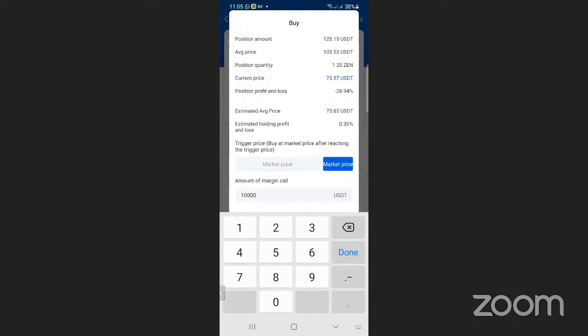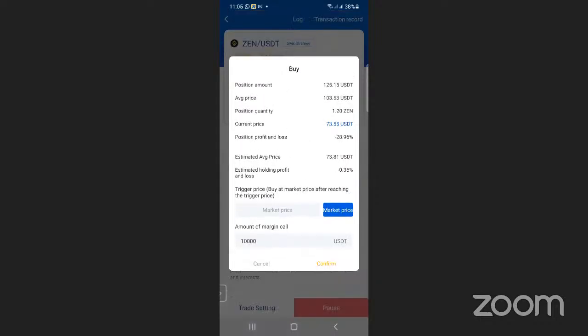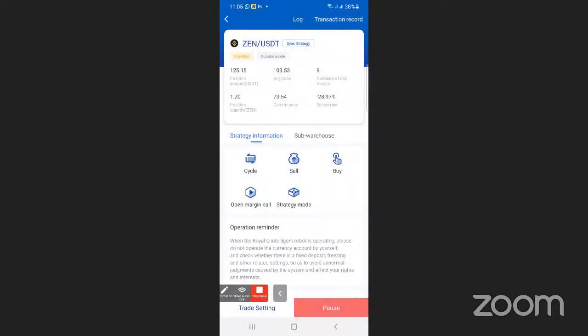If I put in 10,000, the average price moves even closer, and very soon this will be sitting in profit. So this is what we call manual buying or manual replenishment. Manual replenishment is good, ladies and gentlemen. It can give you a lot of profit, but if you manually sell, you are personally landing into a loss. Okay, let me now look into someone's account and we shall be calling it a day.